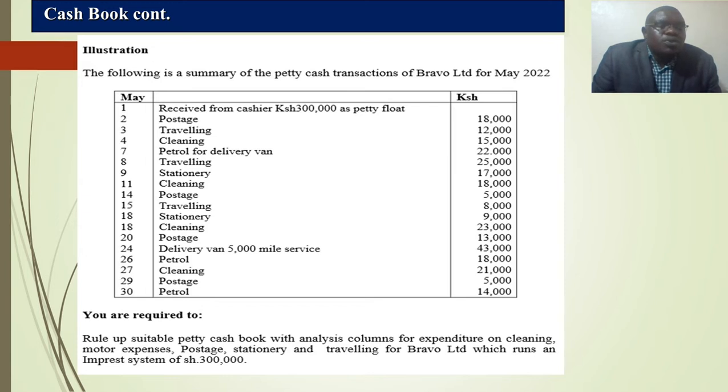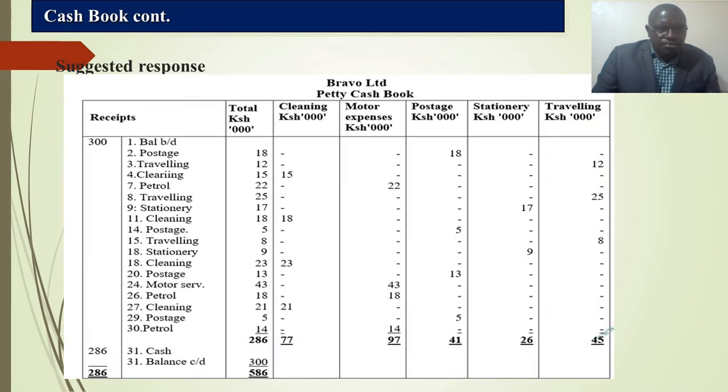Here you are told to prepare a petty cash book which will group all those expenditures into the headings which have been given: cleaning, motor expenses, postage, stationery, and traveling. So how will the petty cash book look?